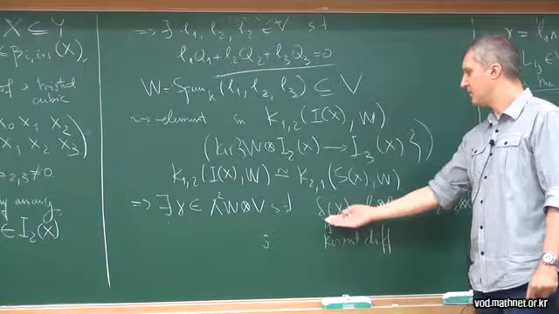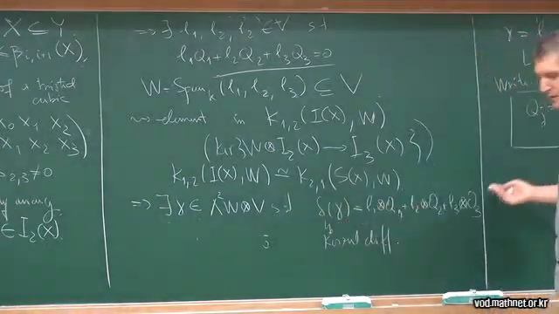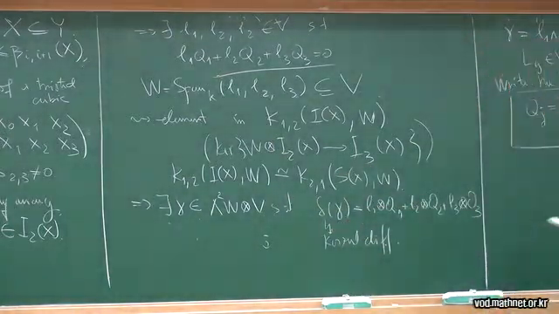We get a class, we write down the Koszul differential, and we can identify Q.